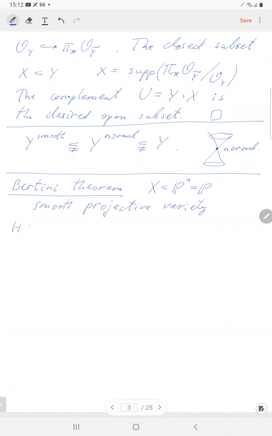So H in Pn will be a hyperplane. And we can take the intersection.